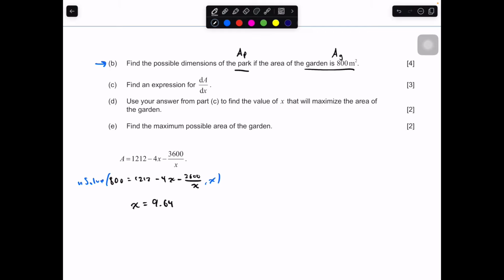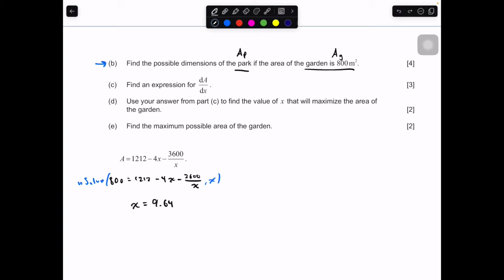In the back of my mind, I'm wondering if, because this is a rational equation, there aren't, let's say, two solutions where this thing could potentially be 800, but I believe it should be just one solution.